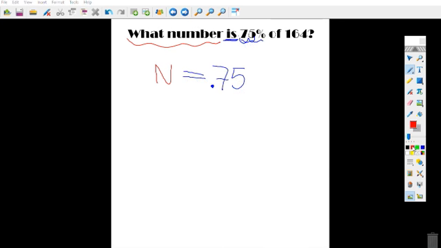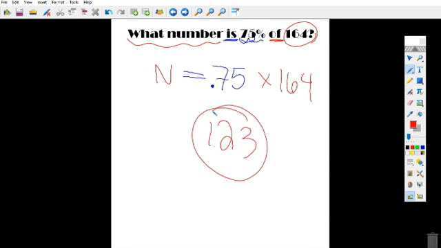Remember that of is times 164. So for this one, to find the number, I'm going to take 0.75 times 164. Do that in your calculator. See what you get. You should get 123. All right, 123.